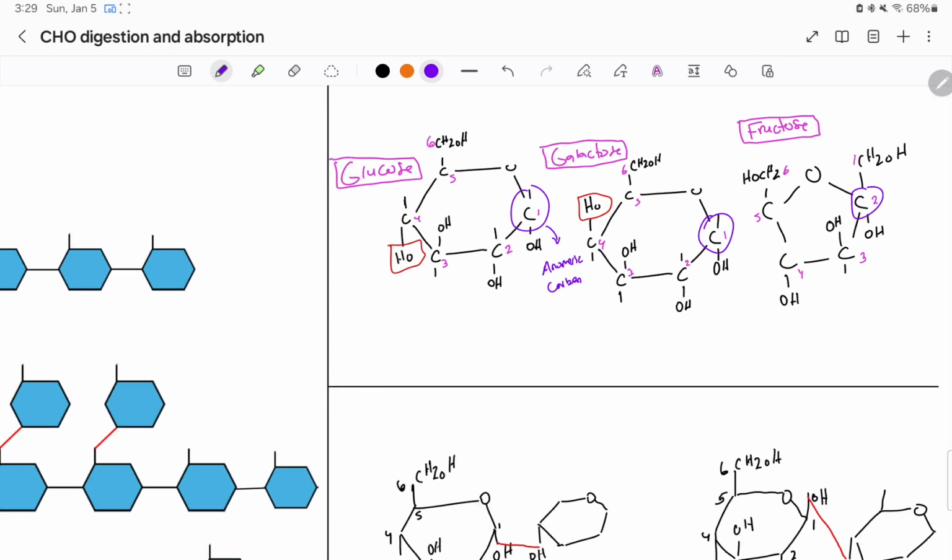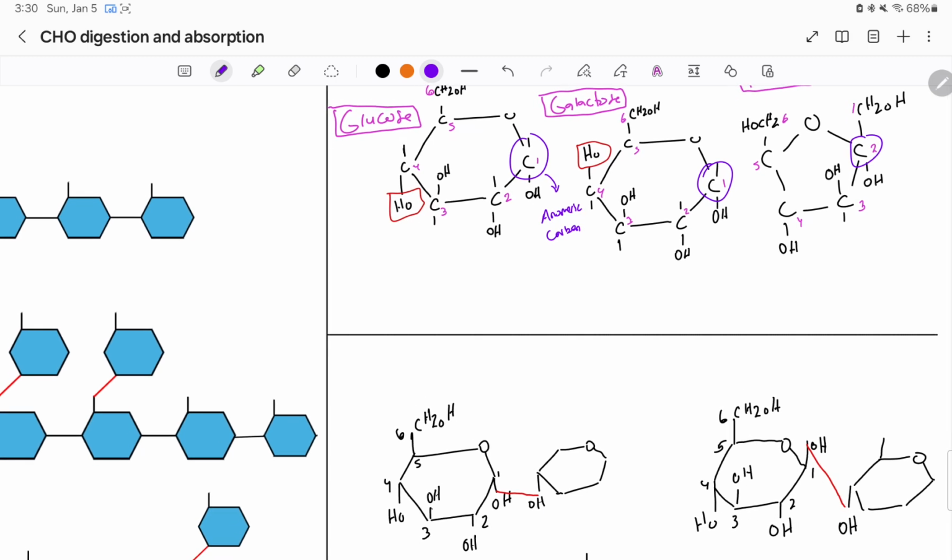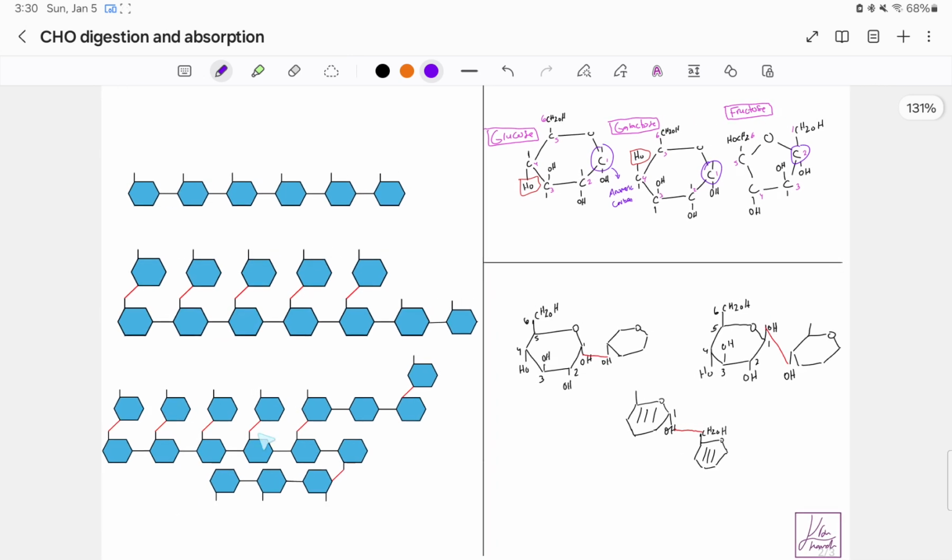But this suffices for you to know the general structure of glucose, galactose, and fructose, and that the first carbon here is the anomeric carbon, and the only difference between glucose and galactose is the position of the hydroxyl group on the 4th carbon. Okay, cool. Now let's look at some of these different molecules.